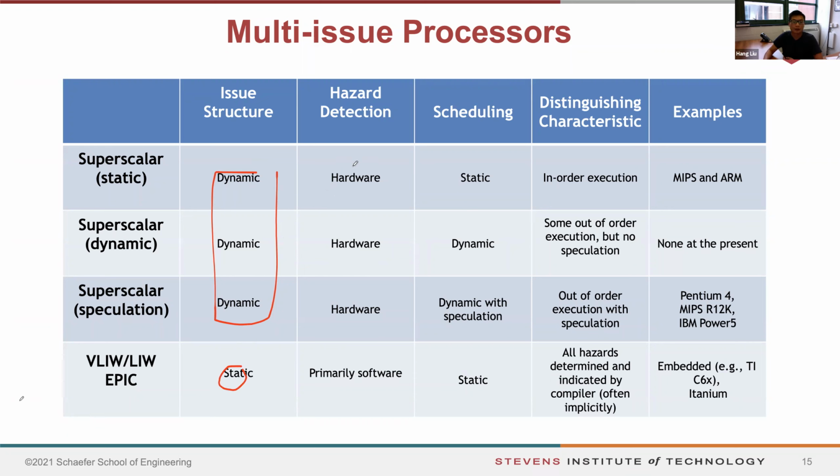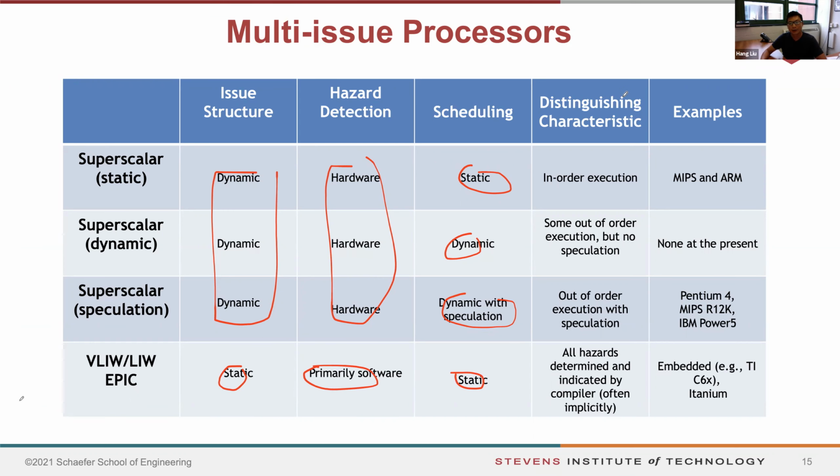Hazard detection uses hardware. For scheduling, we do static, while the others do dynamic, and one even does dynamic with speculation. And then VLIW, primarily using software, right? So for VLIW, we primarily do software-based hazard detection, and then for scheduling we use static.